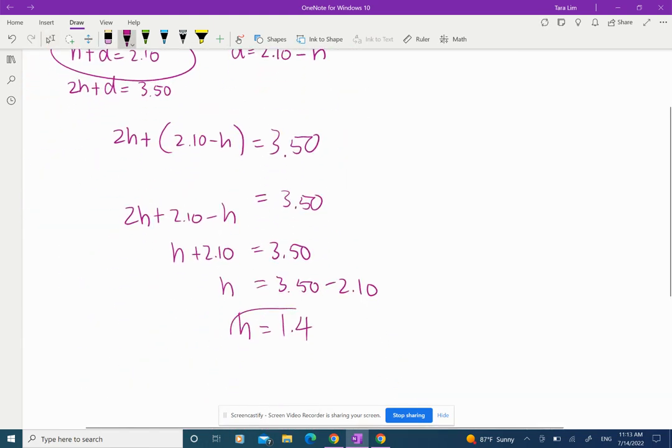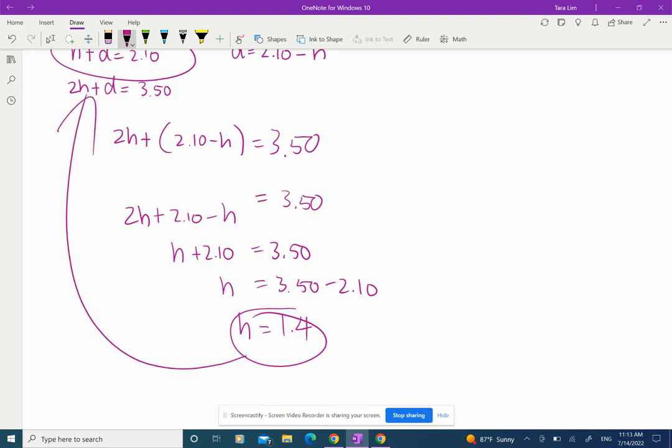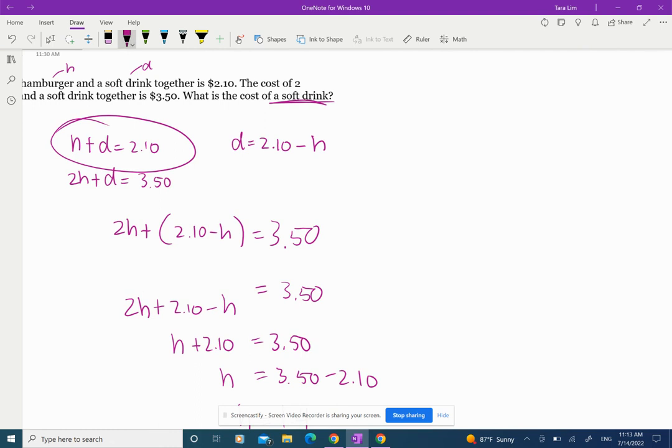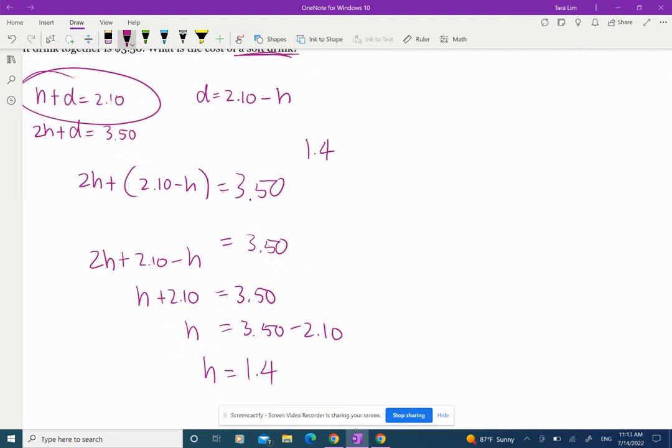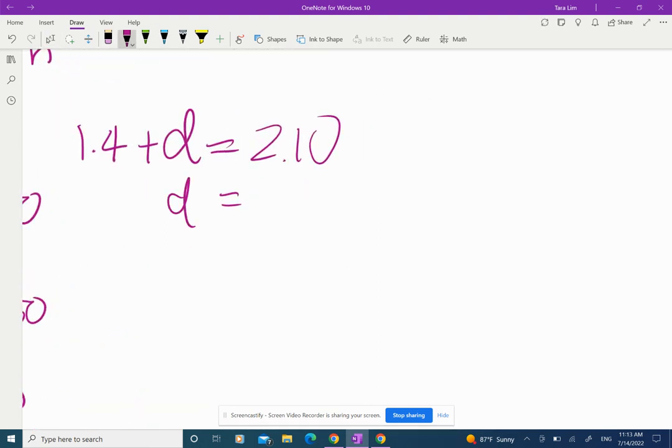So now we substitute the H into the first equation, or the second, it's up to you. So again, I substitute H as 1.40 plus D, which is the thing that I want to find, is equal to 2.10. Now I want to solve for D alone. So 2.10 minus 1.4 gives us 0.7.